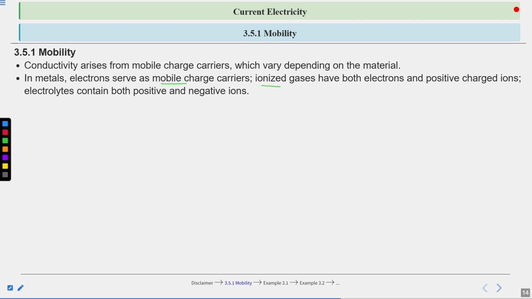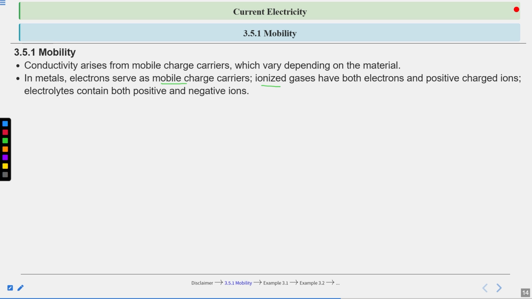Ionized gas. What are ionized gases? You may have studied the cathode tube experiment in the 11th chemistry chapter 2. In the cathode tube experiment, a high potential difference is created and the gas is ionized, which means it is broken down into ions and electrons.